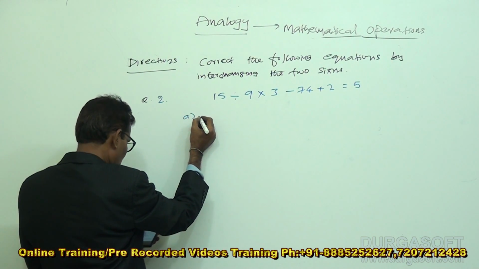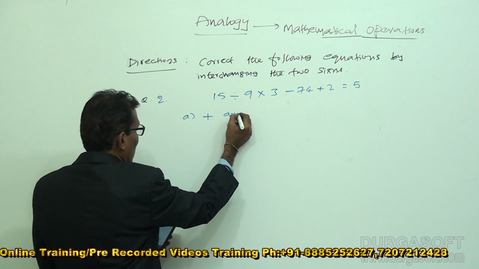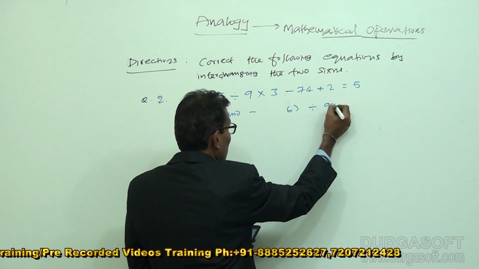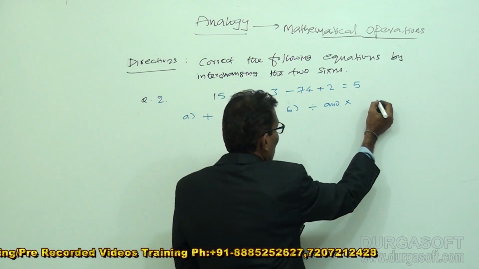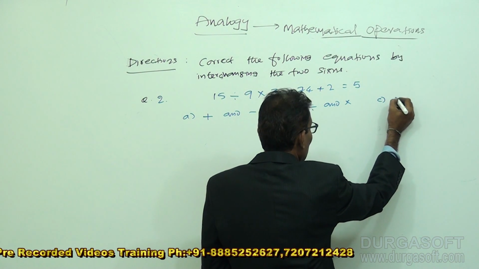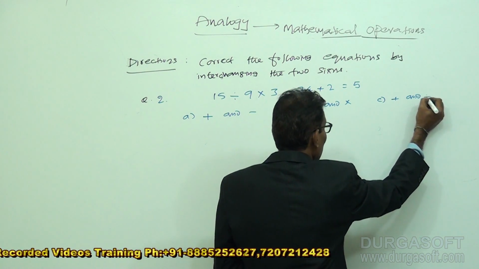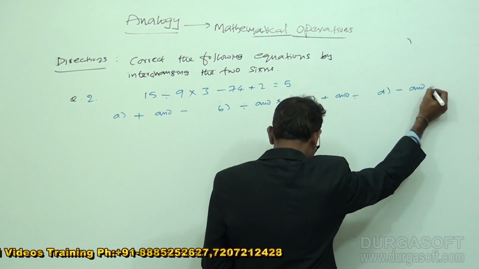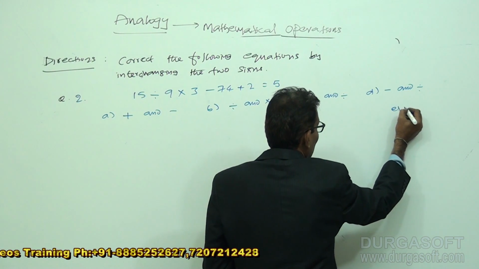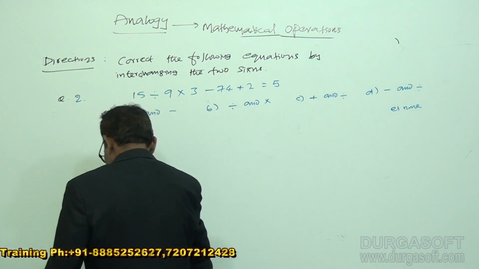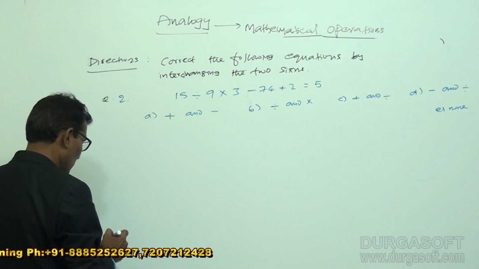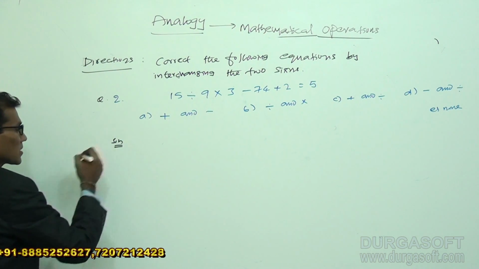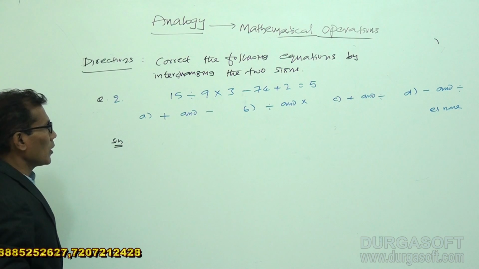Here your options are: option A, plus and minus; option B, division and multiplication; option C, plus and division; option D, minus and division; option E, none. Yes, how to work out this question under the same directions. So your solution is going to be, we have to cross check with each and every option.